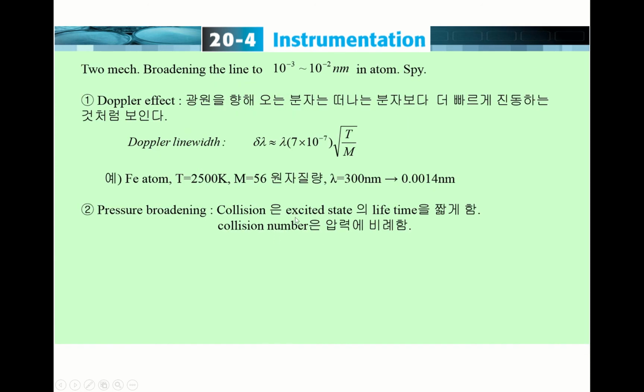So collision makes the excited lifetime short. As a result, the line gets broader. So working at a low temperature has an advantage.